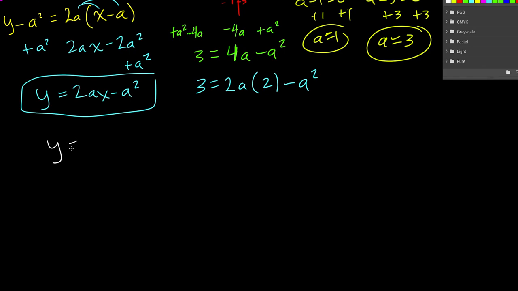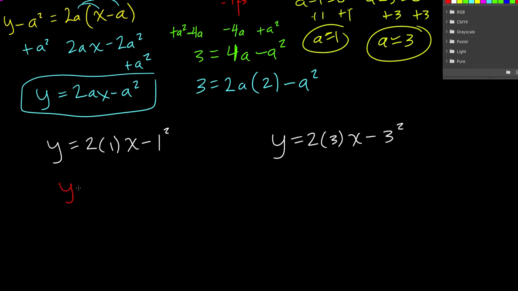So y equals 2 times 1 x minus 1 squared, and then we plug in 3. Y equals 2 times 3 x minus 3 squared. And so y equals 2x minus 1, and y equals 6x minus 9.